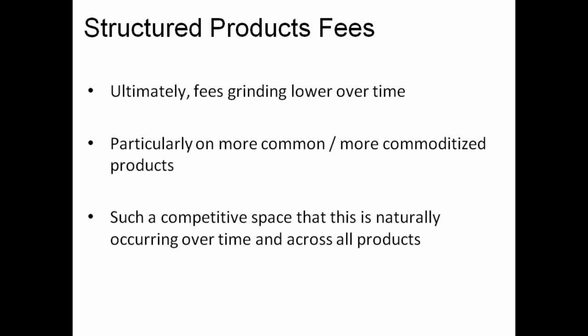But because there are so many banks competing in the space, the fees have tended to come down. Equally, banks are trying to come up with more and more interesting payouts, and the real reason behind that is so that they don't find themselves selling the exact same product as another bank and having to match their price.